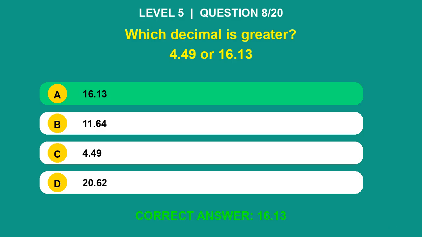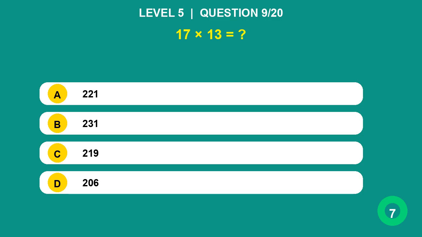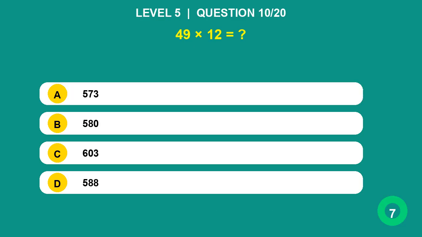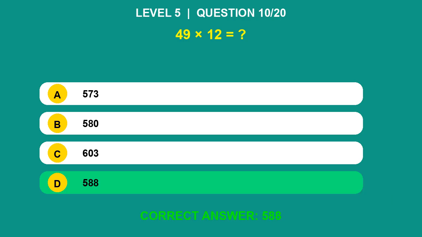Answer is 16.13. 17 times 13 equals? Answer is 221. 49 times 12 equals? Answer is 588.